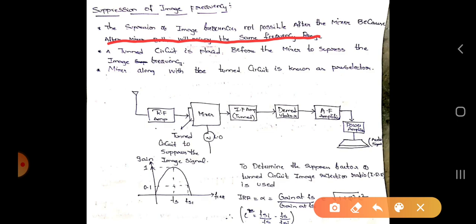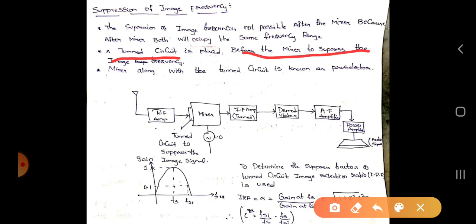So how will we suppress these image frequencies? In order to suppress them, we require a separate circuit, which is nothing but a tuned circuit placed before the mixer to suppress the image frequencies. So we have to place one tuned circuit before the mixer in order to suppress the image frequencies and allow only the tuning frequencies.